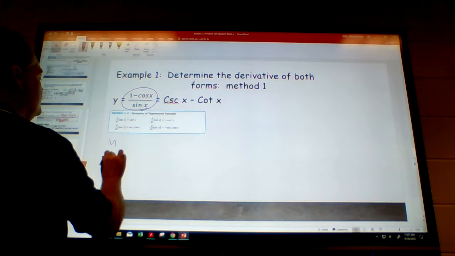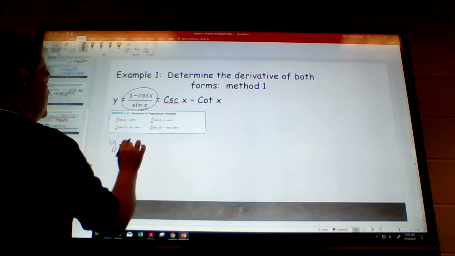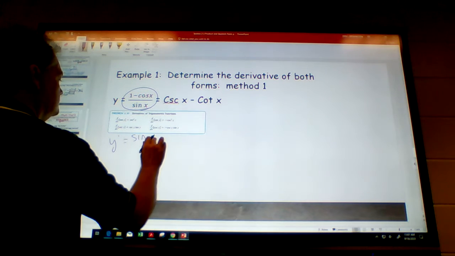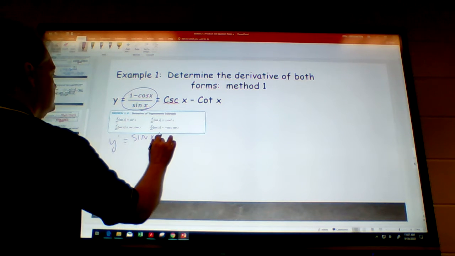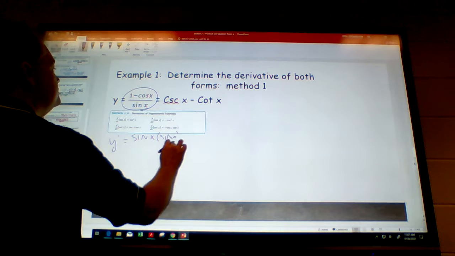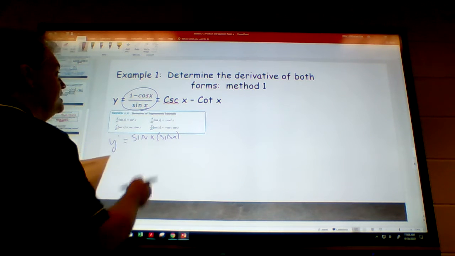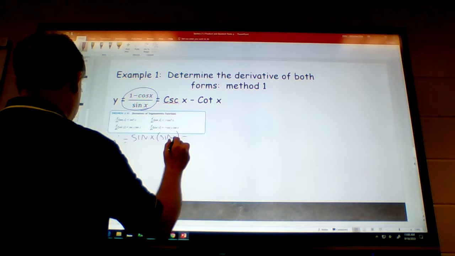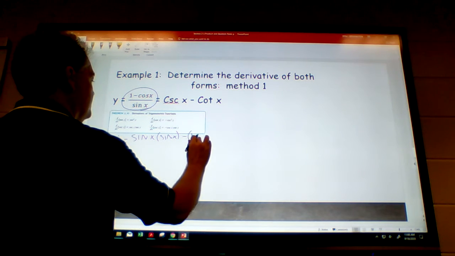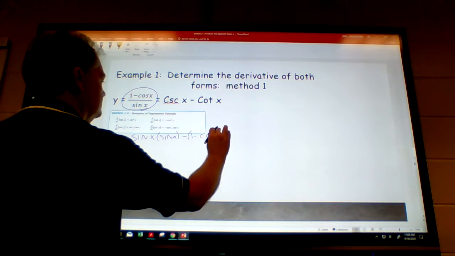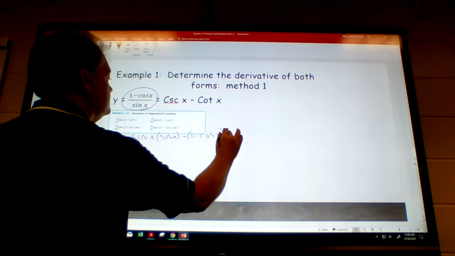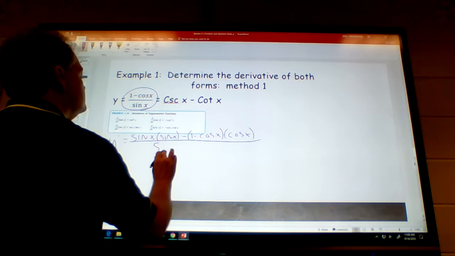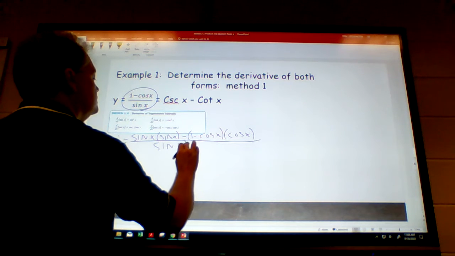When I derive it, y prime equals sine of x times sine of x, because the derivative of negative cosine of x has got to be sine x, minus 1 minus cosine x, times cosine of x, all over sine of x squared.